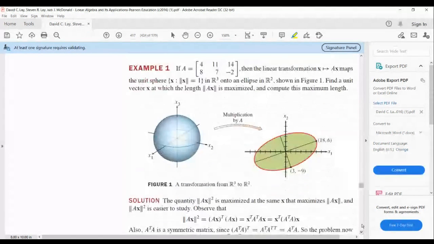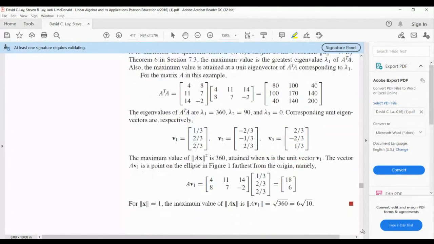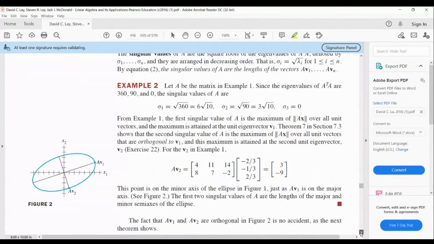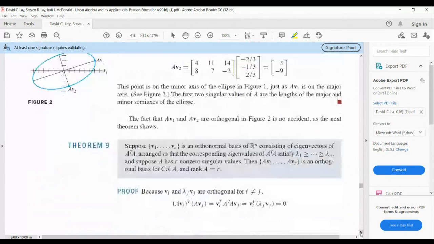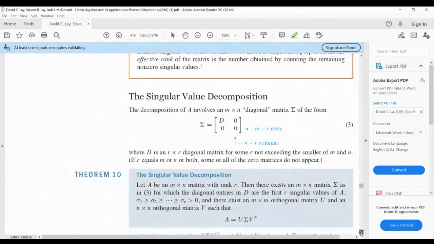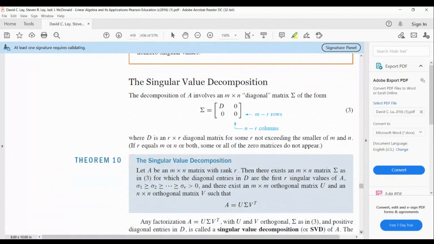Okay, so a singular value decomposition.